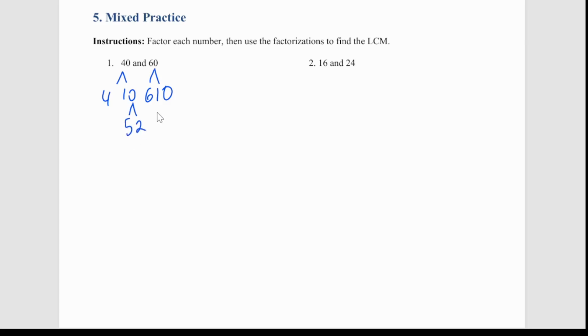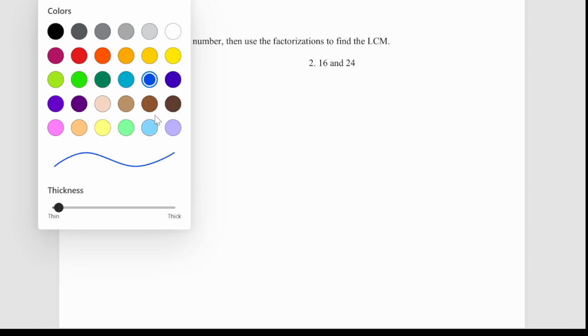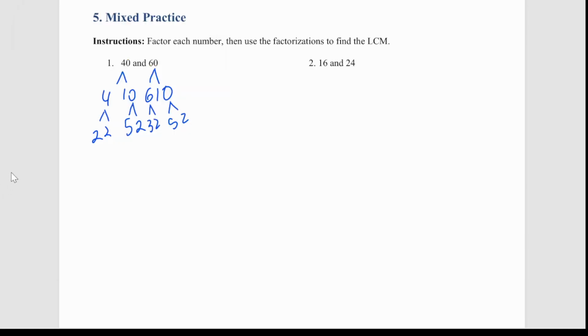10 breaks down to 5 and 2, 6 breaks down into 3 and 2, the other 10 breaks down to 5 and 2, 4 breaks down to 2 and 2. So let's get working on finding their common parts. They've got a 2 in common, they've got another 2 in common, they have a 5 in common, and then what they don't have in common is this 2 and this 3.